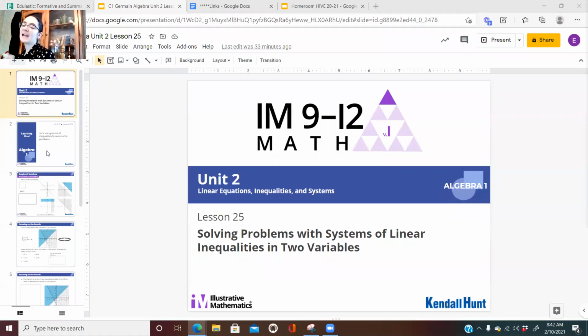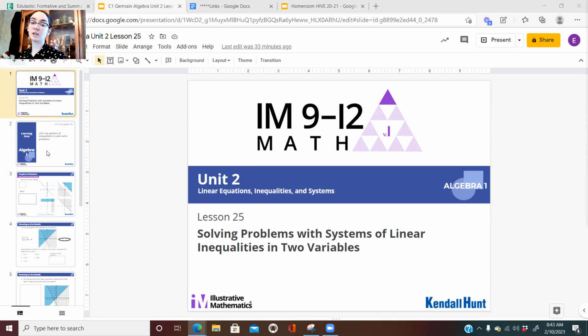So today we are looking at this concept of solving problems with systems of linear equations in two variables. Yesterday we dove in and looked at systems of inequalities. Systems of inequalities are similar to systems of equations, because when a system of equations has one solution, the lines crisscross, and that intersection point is called the solution.